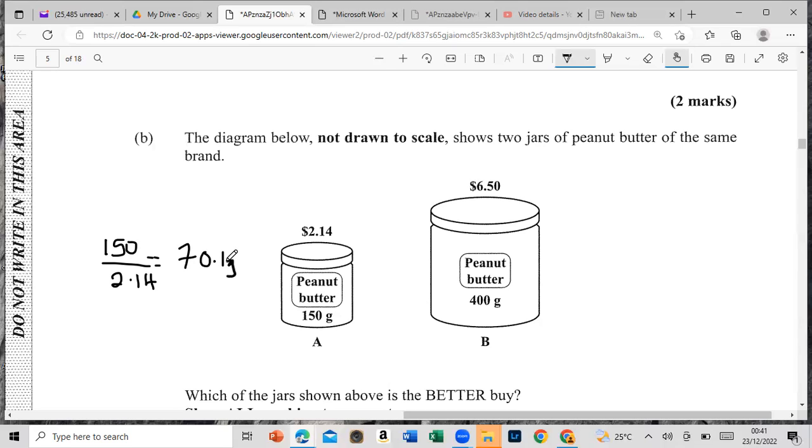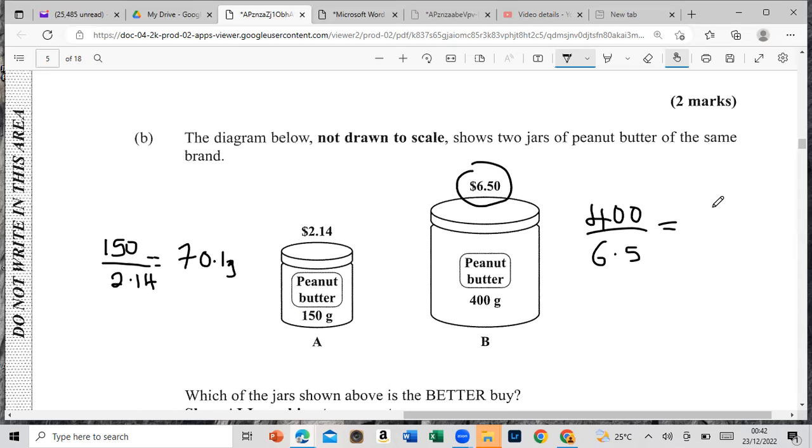Let's see how many grams we get per dollar here. So it's 400 divided by $6.50. What did you guys get? 400 divided by 6.5 works out to 61.